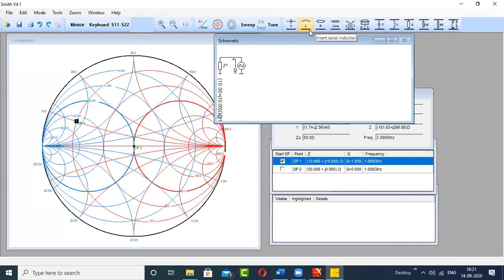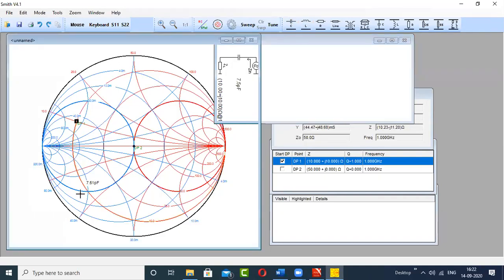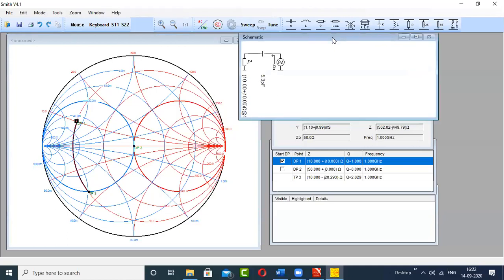Now it is anti-clockwise, same chart, so series C. And I will click at this intersection point, the lower intersection. Now the series capacitor required for the matching is 5.3 picofarad.